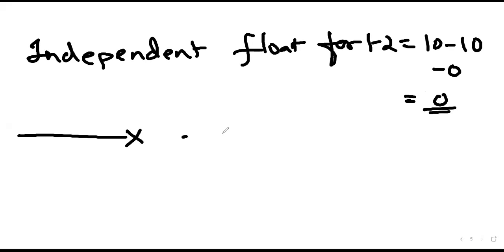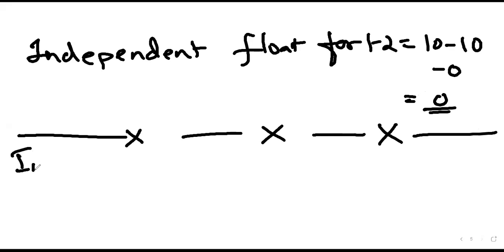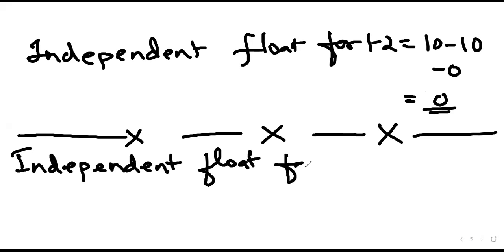What is the next activity after this? Independent float for 2-3. And what should be the calculation? Before the calculation, I will just write the formula once.